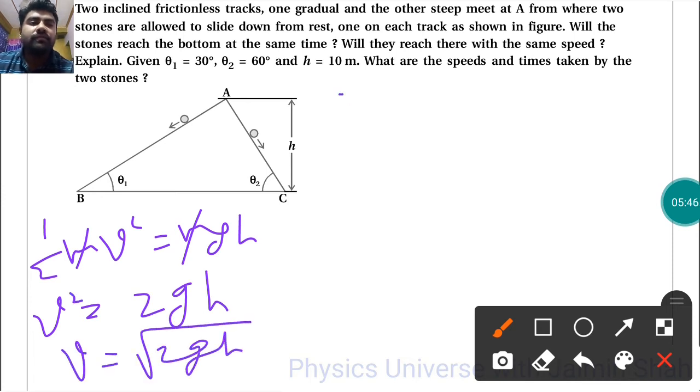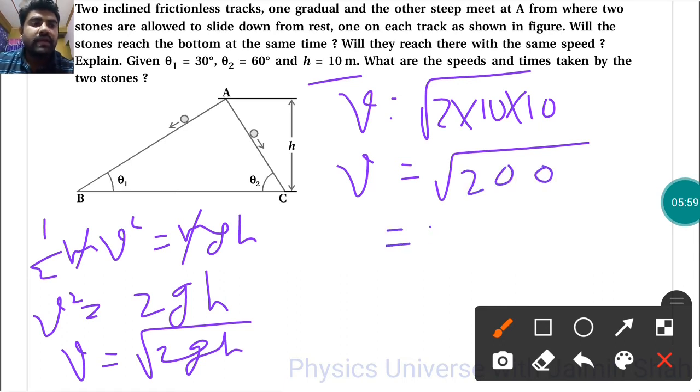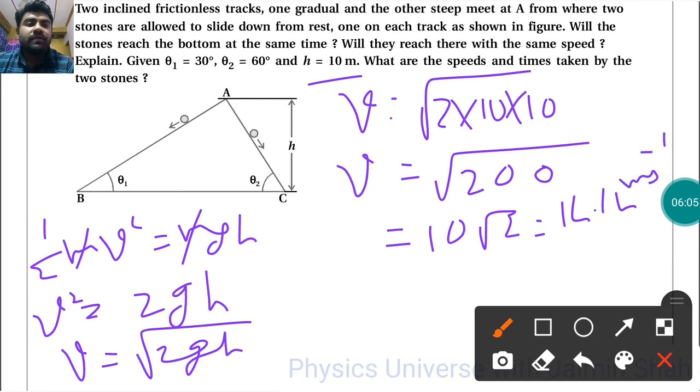So v is equal to under root 2 into 10 into 10, which is under root 200, so 10 root 2, so 14.14 meters per second. So that is our v.